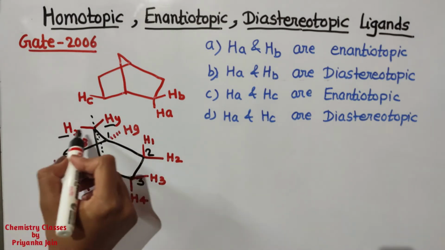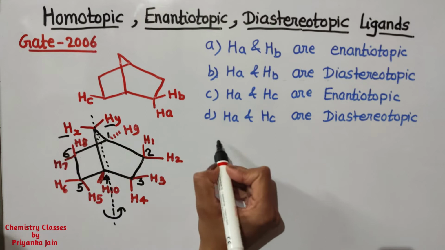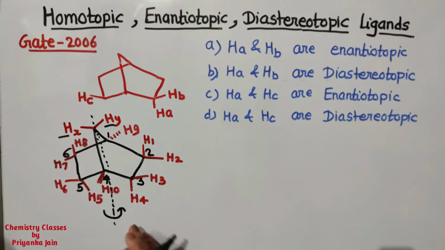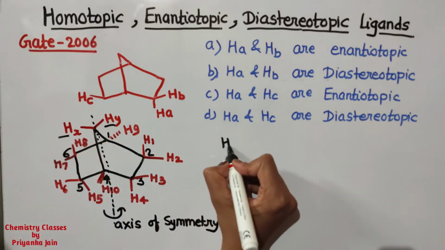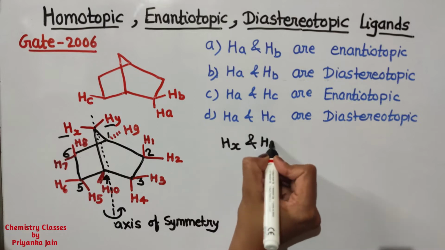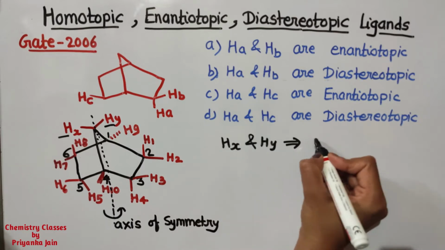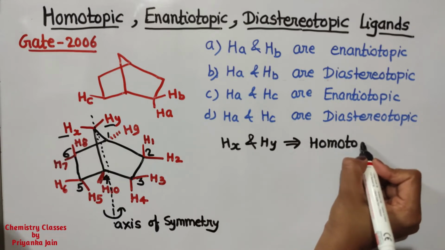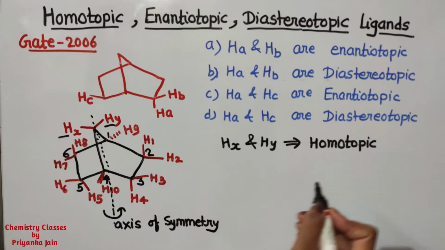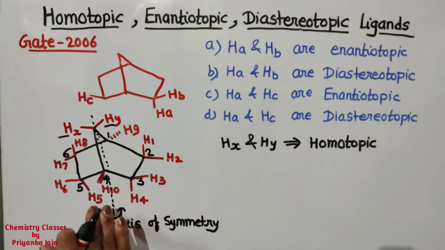So these two hydrogens are homotopic because there is an axis of symmetry here. So HX and H5 are homotopic. I am first giving you the whole explanation about all the hydrogen atoms present here.